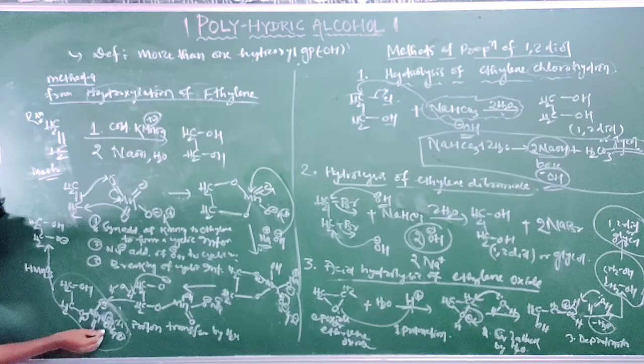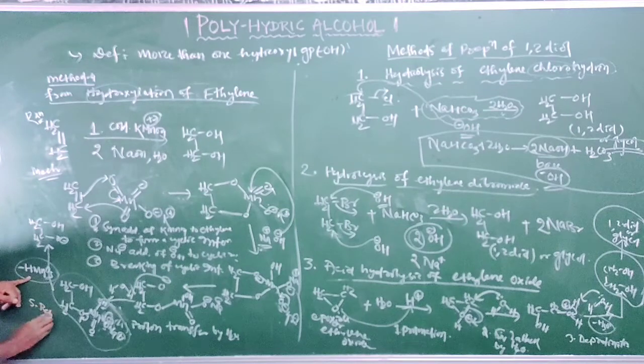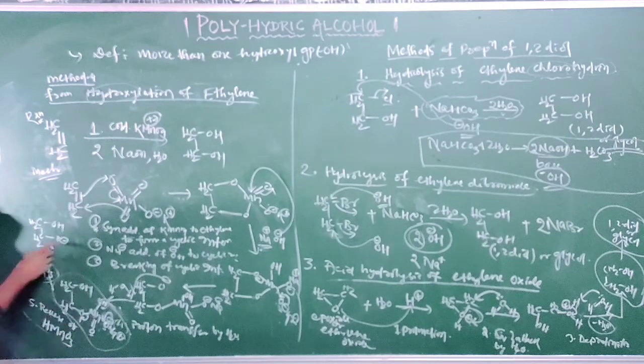Here is one oxygen, another oxygen, and a third oxygen, so HMnO3 releases, and you can write this step 5 as the release of HMnO3. Got it?